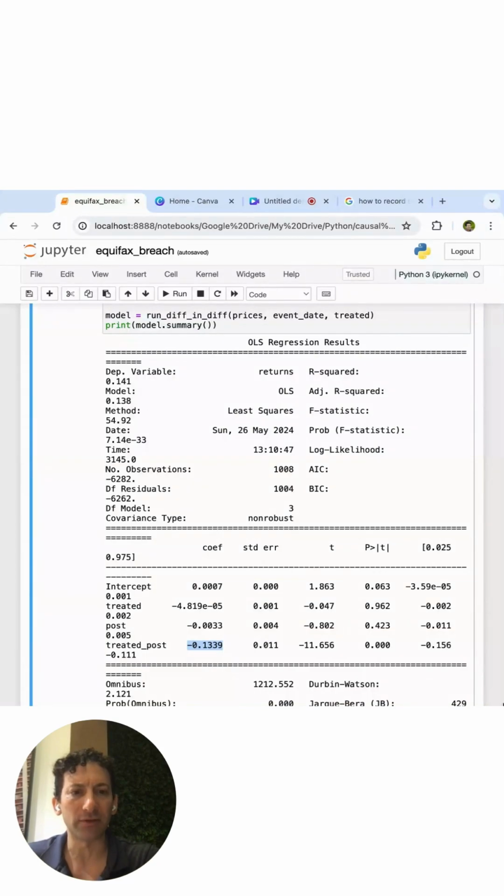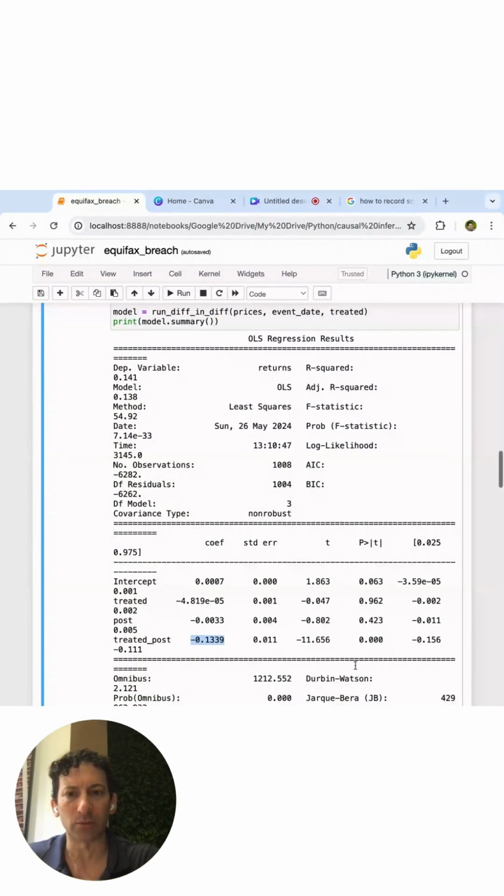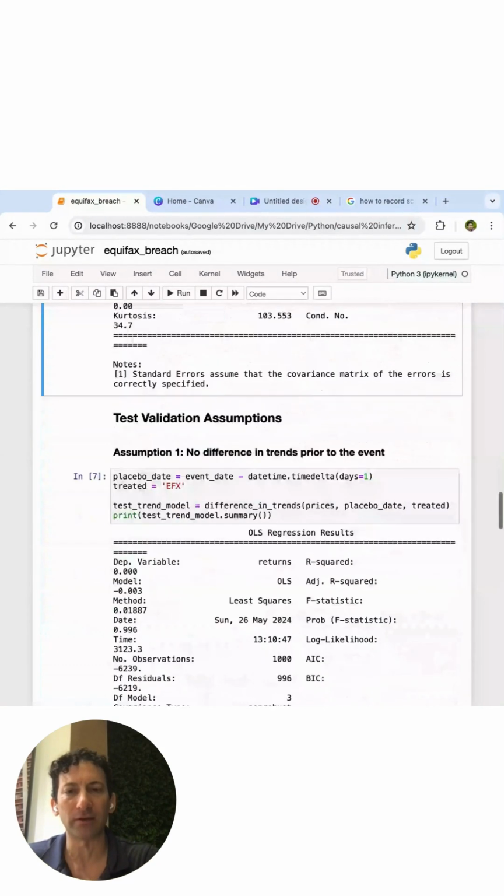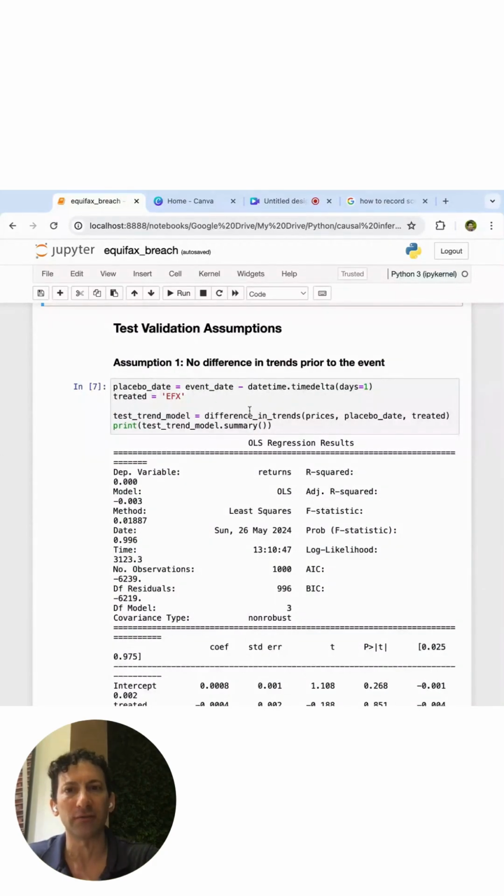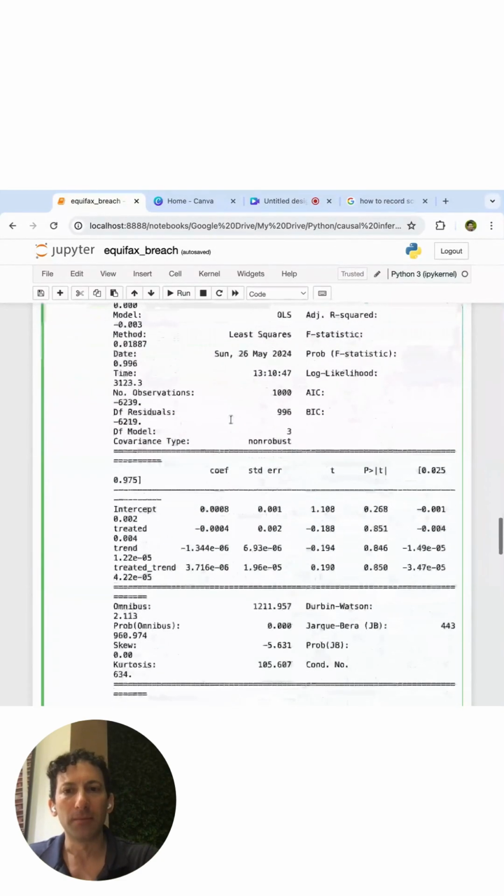But with difference in differences, you want to do some validation work. One of the validations is that there's no difference in trend prior to the event. So I take the data and I look only prior to the event date, so it's all before the breach happened. I estimate a model of returns on treated, a trend variable, and the interaction of treated times trend.